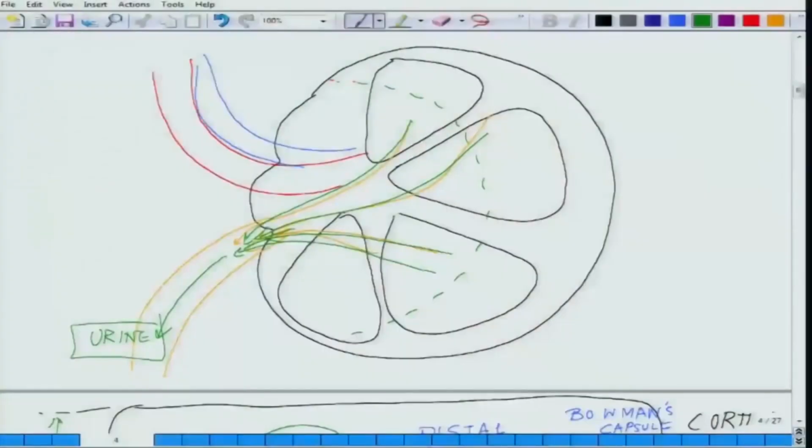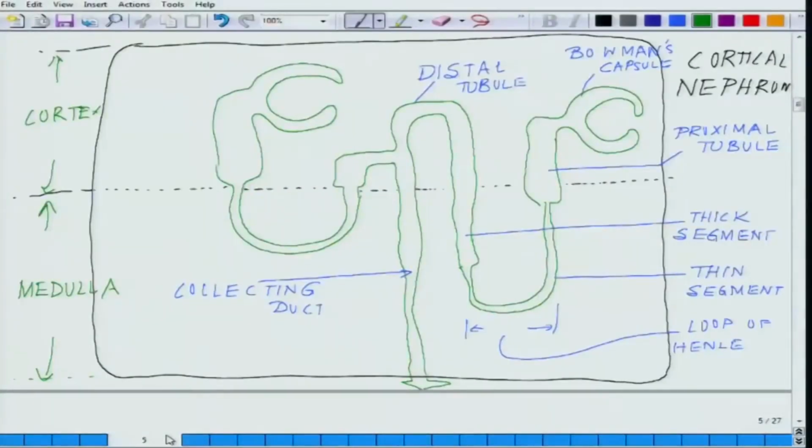If you look at the nephron structure very carefully, you will see that there are zones where the segment is thick and zones where the segment is thin, and as we move further, you will see the functional significance of these different thick and thin segments, and the specific zones. So if I come back to that structure, I am just introducing the blood vessels for your understanding.